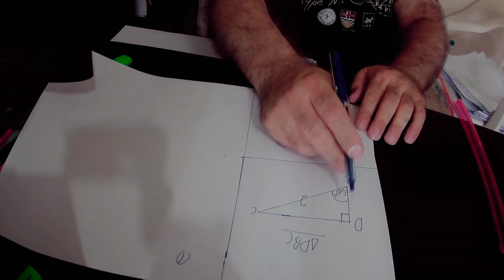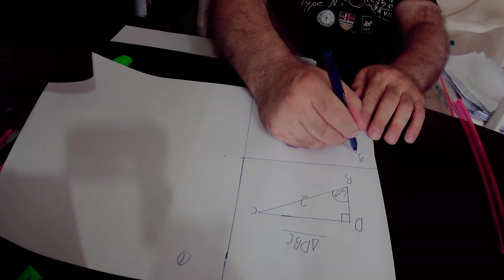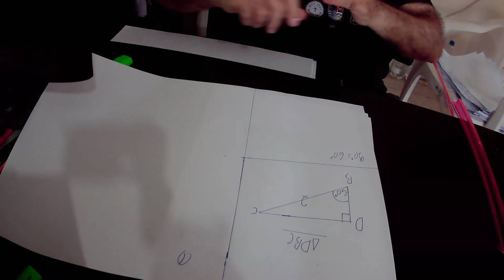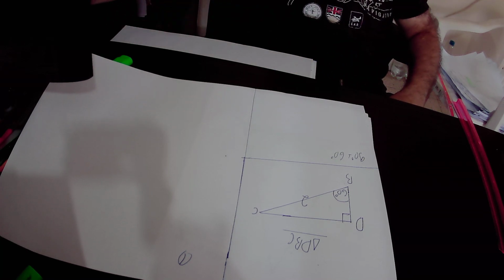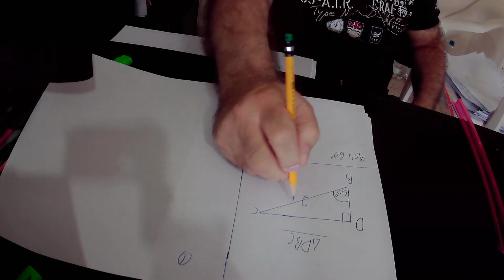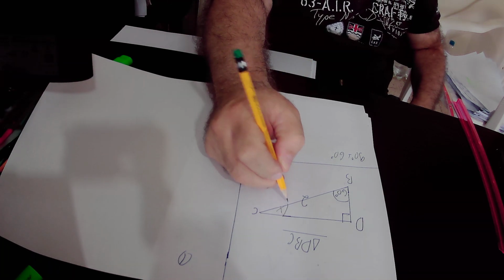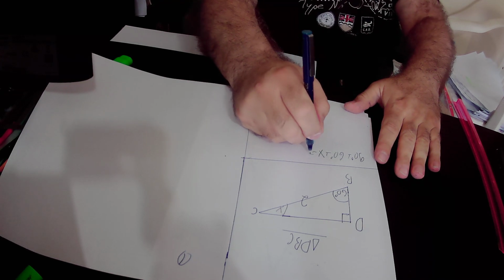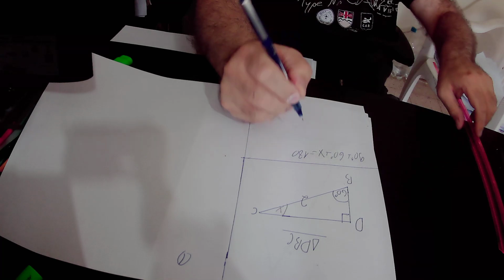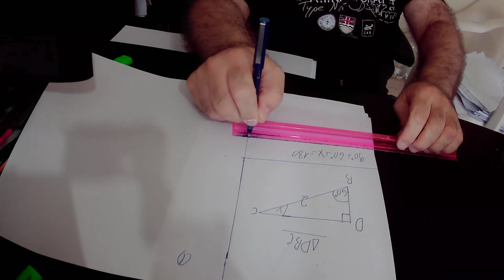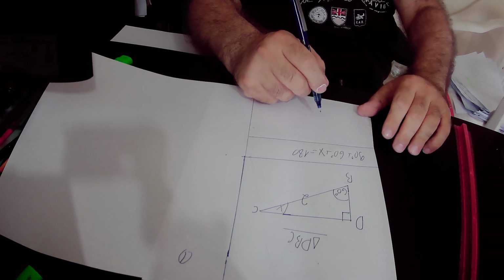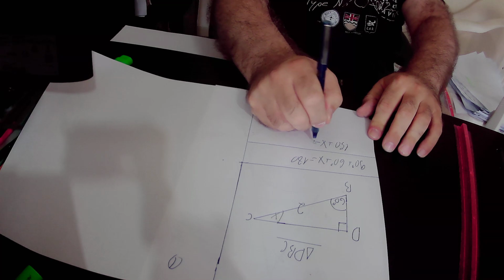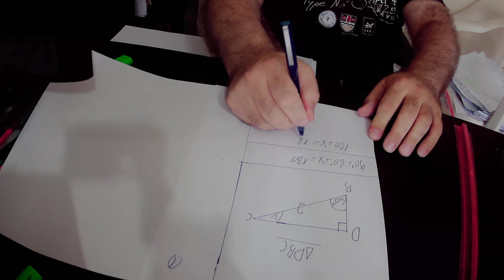We have this angle that is equal to 90 degrees, plus this angle that is equal to 60 degrees, plus this angle that we'll define as angle X. The sum of those three angles must be 180 degrees, so 90 degrees plus 60 degrees is 150 degrees, plus angle X must equal 180 degrees.